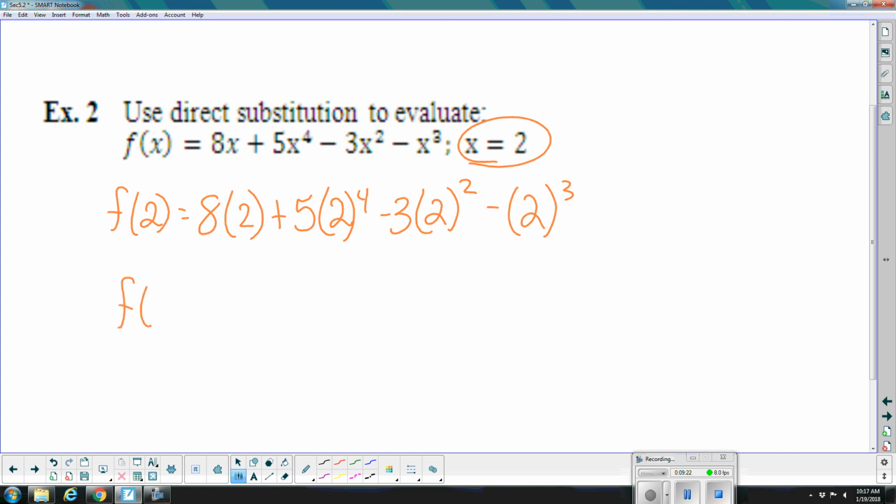So f of 2 equals 8 times 2, which is 16, plus 5 times 2 to the 4th power. So 2 times 2 is 4, 4 times 2 is 8, 8 times 2 is 16. 5 times 16 minus 3 times 2 squared, which is 4, minus 2 cubed, which is 8.